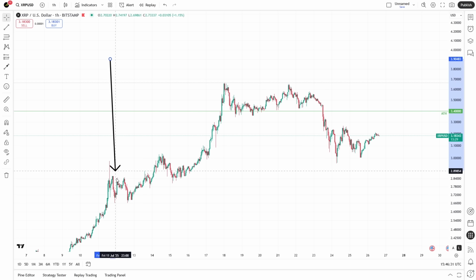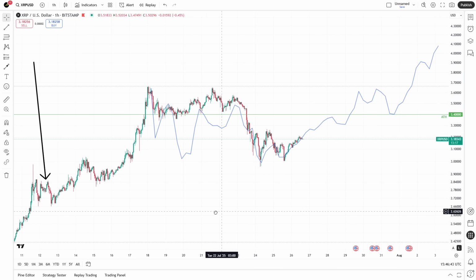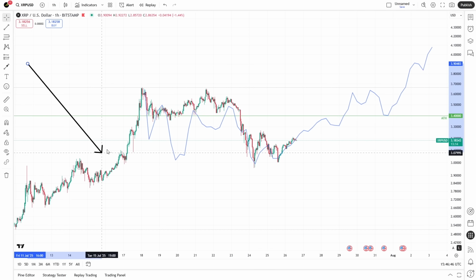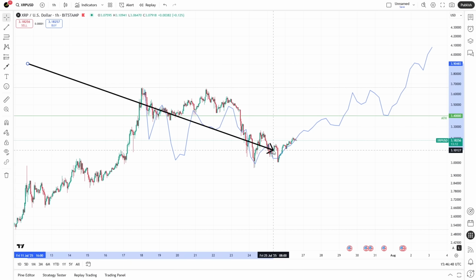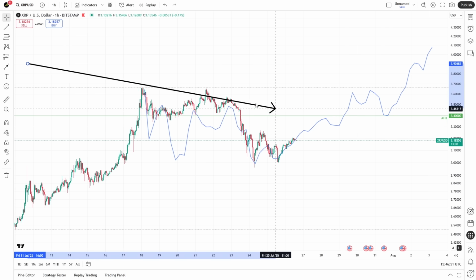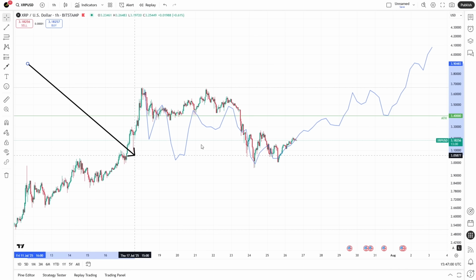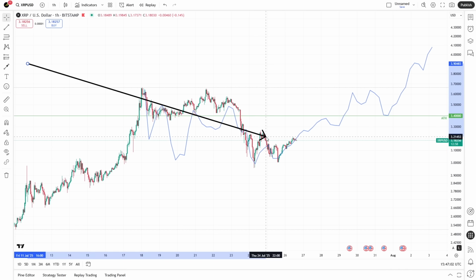In fact, if we were to copy this structure and match it to the timing, height, and depth on today's chart, it would look something like this. Now, this is speculation, but I think we are most likely working on the recovery from this decline. It's probably going to look different, but it could resemble something similar to this or this. So I do think we have exciting days ahead.